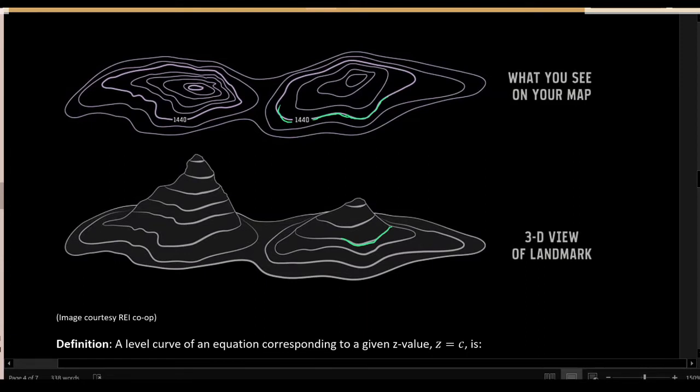So by looking at the elevation lines and by looking at the printed number, you can go backward and reconstruct in your mind, okay, all the points on the green curve correspond to a location in real life where the height is 1,440 maybe feet above sea level.